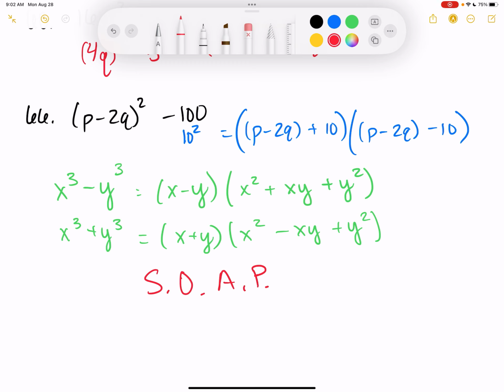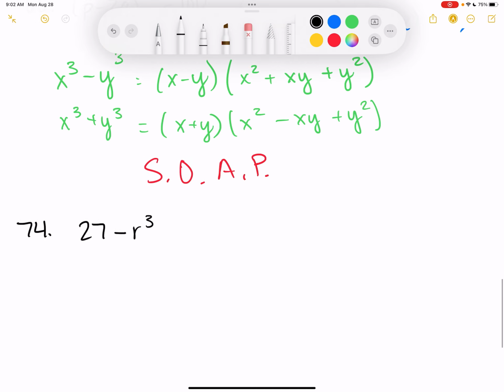So, some examples of this. Let's do a difference of cubes first. So 74, we got 27 minus r cubed. First of all, like I did with difference of squares, I'm going to rewrite this in terms of both things being cubed, just so it makes it a little bit easier to see.